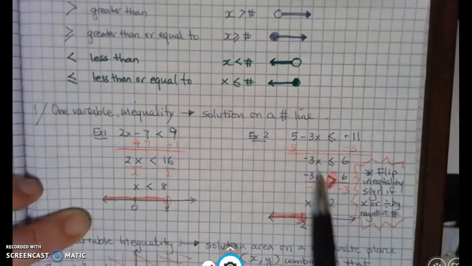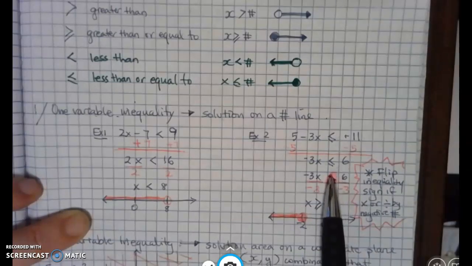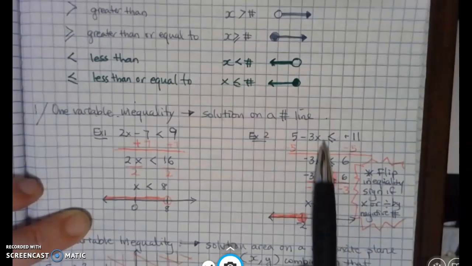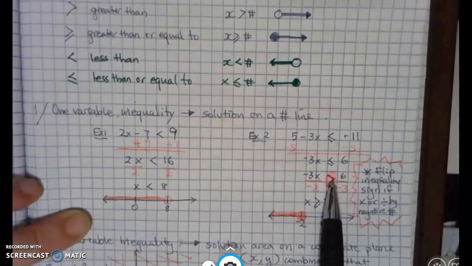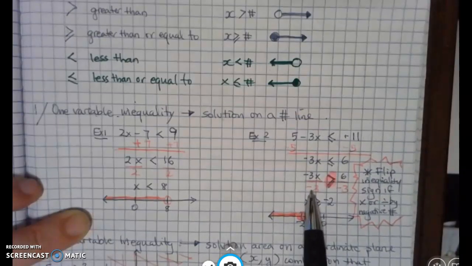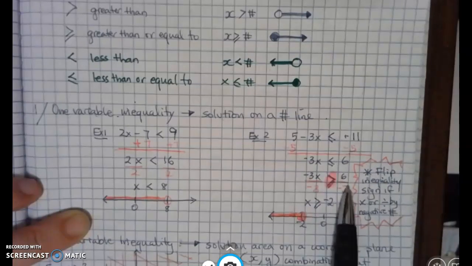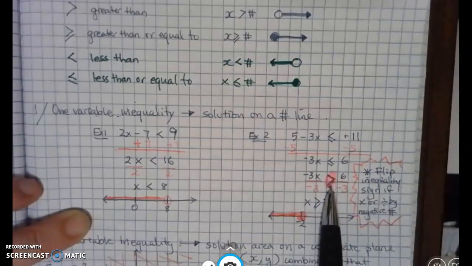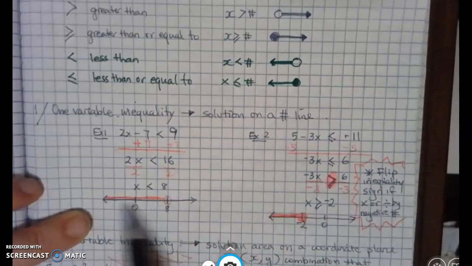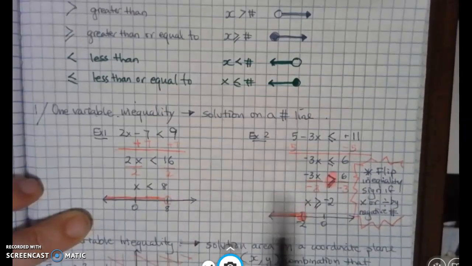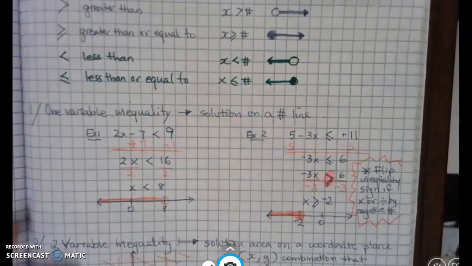So you do everything as you would in solving an equation, just carry over the inequality sign, but you need to flip it, like here, when you divide both sides by a negative number. And the solution will be on a number line like this. Okay? And it will be a single expression.